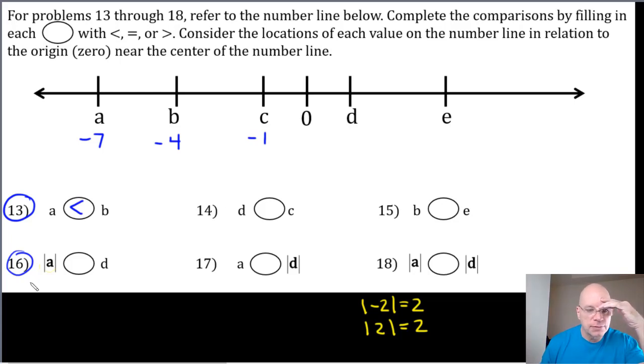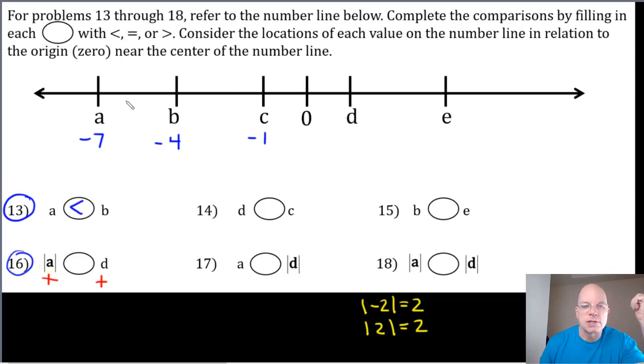So the absolute value of A will definitely be positive. We don't know what number A is. We've assigned it negative 7 here. That's arbitrary, but let's just note for now that it's positive. D is also positive because it's to the right of the 0. And so how do you compare one positive number with another positive number?